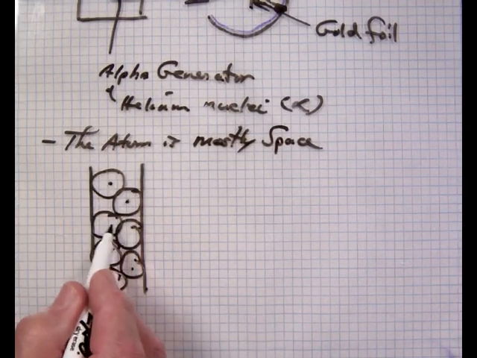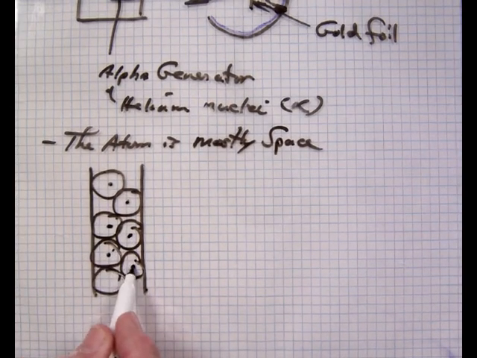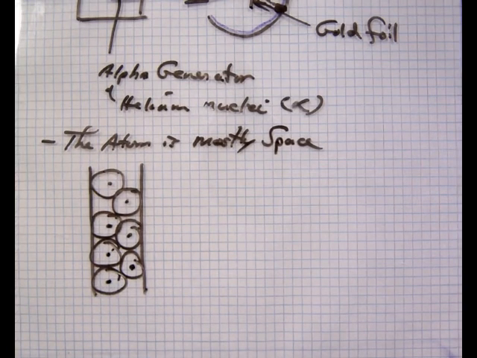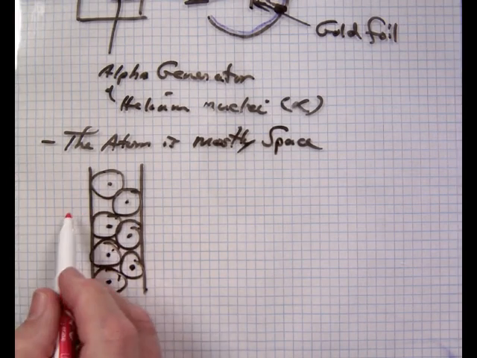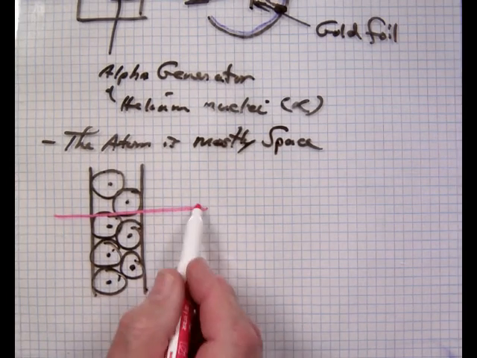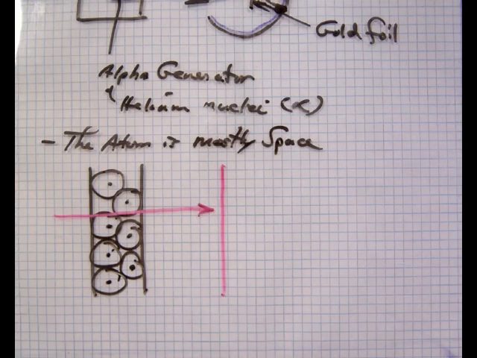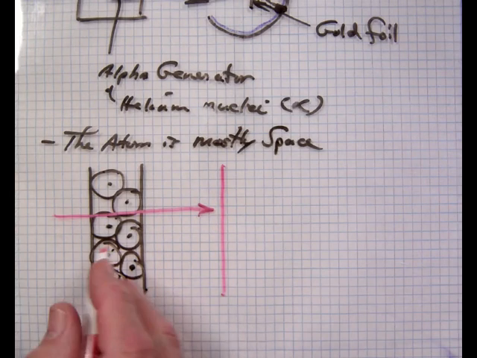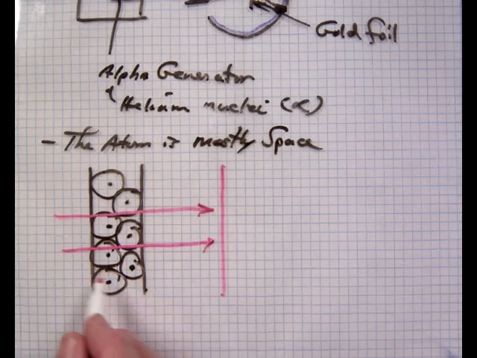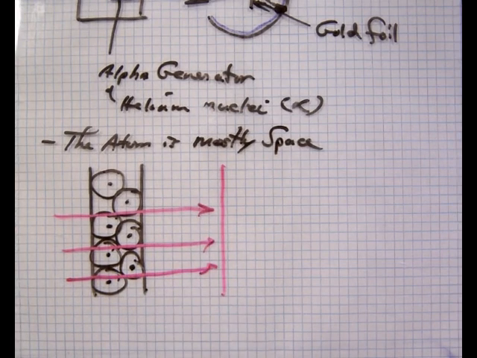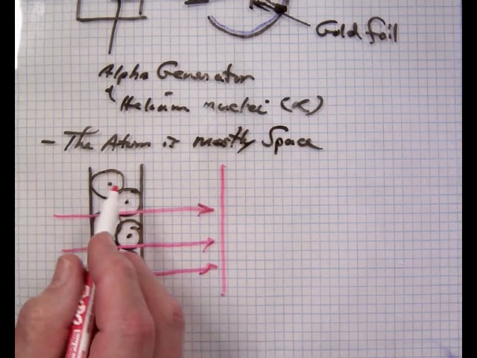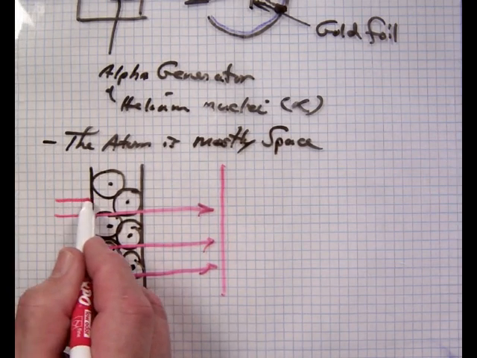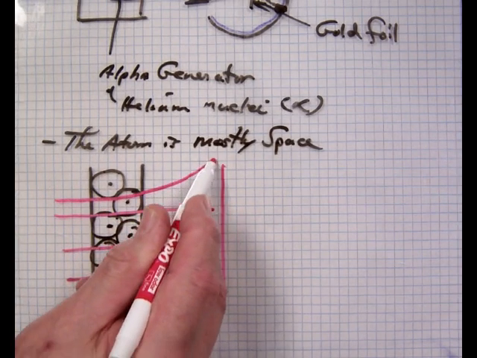And the dots in the center represent nuclei. But when he sent the alpha particles at it, most of them just passed right through and hit the photosensitive material in the back. That's where the majority went. However, if a particle came close to a nucleus, it was deflected and repelled.